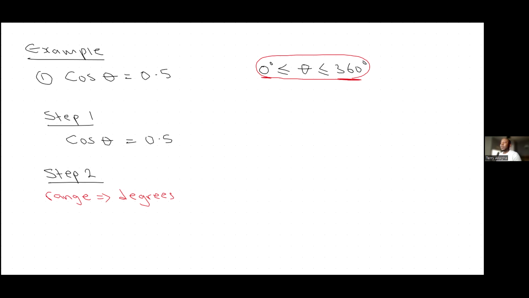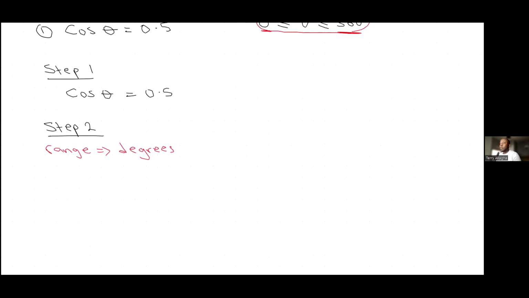All right, so we need to find the trig inverse now. So we know that cos theta is equal to 0.5. At this point, you have to make sure that your calculator is in degrees. Then theta is going to be equal to the cos inverse of 0.5.